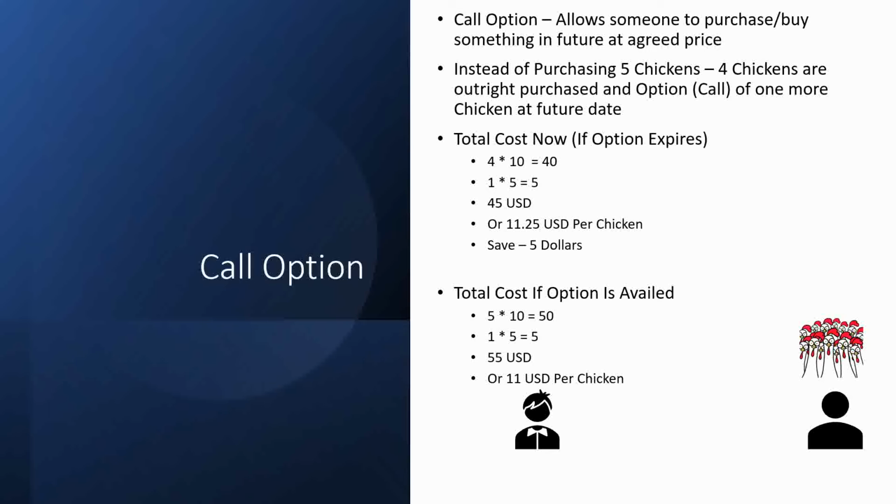So in this scenario, I can tell Mr. Larry, I'm going to purchase 4 chickens from you, but because my brother is saying he may come or he may not come, I am going to purchase an option of buying 1 more chicken in future from you.